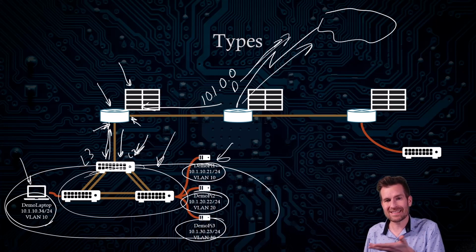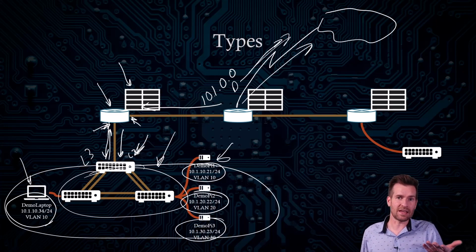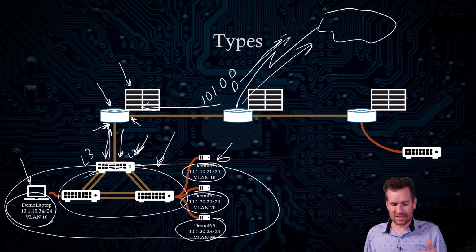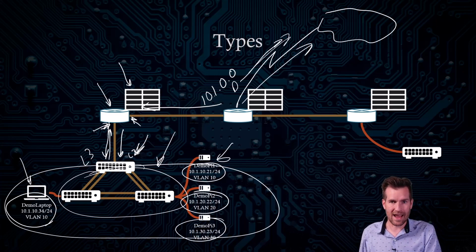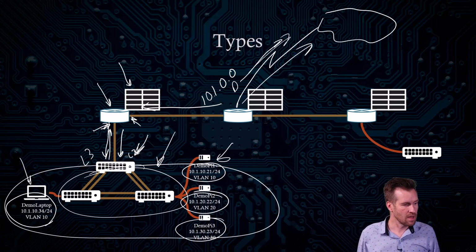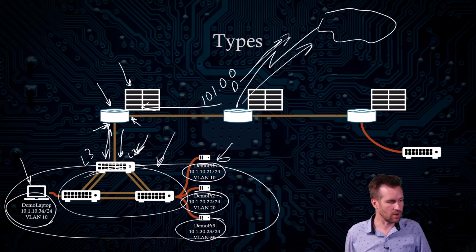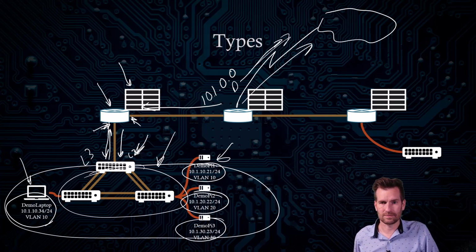So a floating route is essentially a backup route that will be used if the other static route goes away. And one reason why it would go away is because the interface that it needs to send out goes down, and it would come out of the routing table, and then it would use another route. So that would be a floating static route.